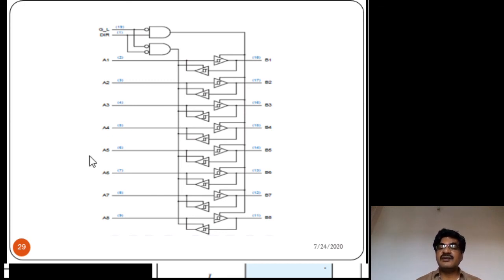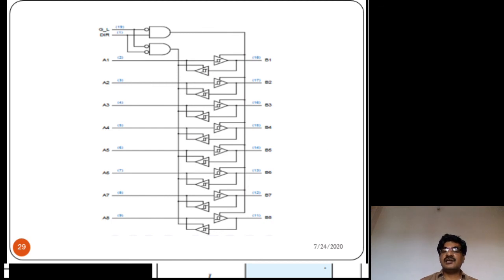Suppose the DIR value is 1. The output of the upper AND gate is 1 now, whereas the output of the lower AND gate is 0. Hence, with reference to these AND gate outputs, all upper buffers are active, whereas the lower buffers are inactive. Since for the upper buffers A is the input and B is the output, the data transmission is from left side to right side.